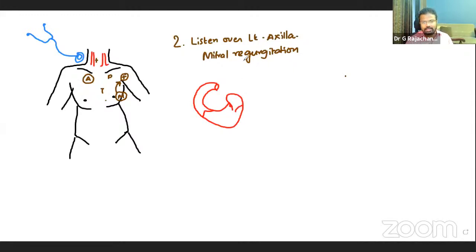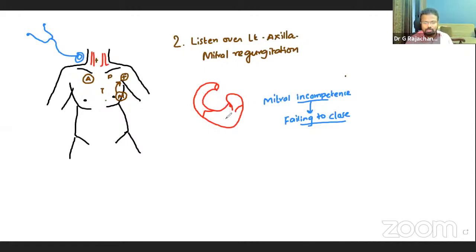Now, what exactly is happening in mitral valve regurgitation? When there is mitral incompetence, the valve is failing to close. Incompetency means failure to close. Stenosis means failure to open.